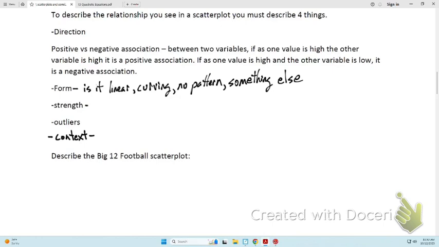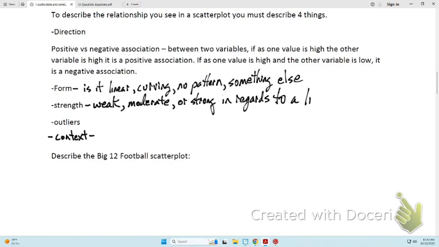Strength, is it weak, moderate, or strong in regards to a linear relationship?